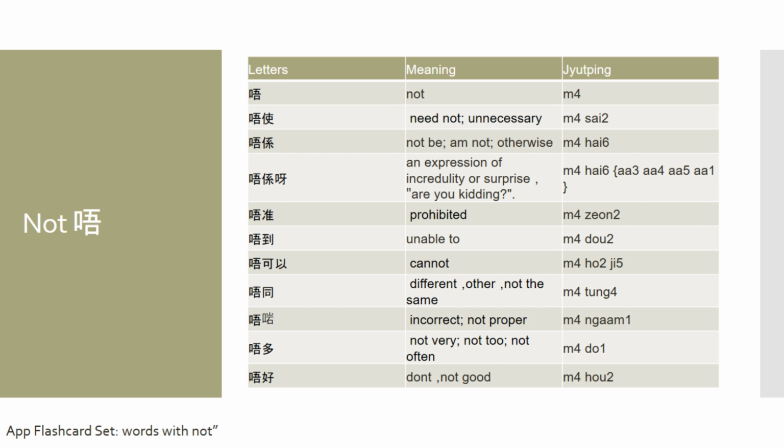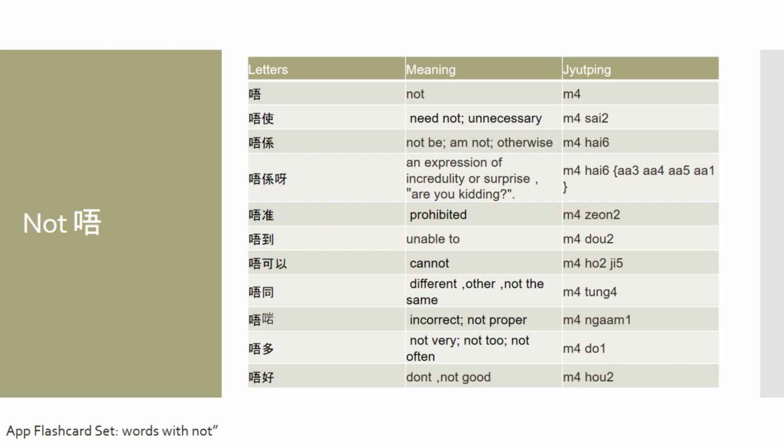So for example, if I say I am not, then in Cantonese it would be 我唔係. Now if I want to say an expression of are you kidding, then you would say 唔係啊, or you could say 唔係啊嘛.